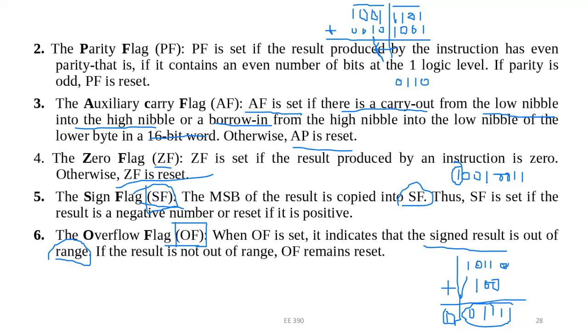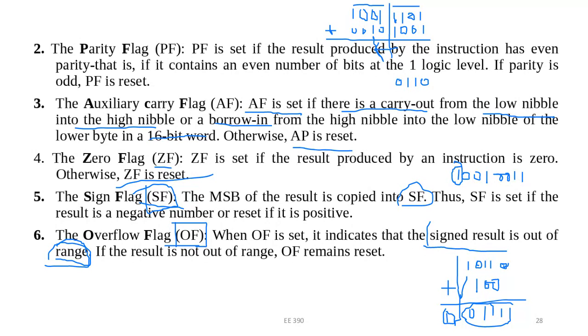It is kind of similar. But here it is said that if it is a signed result, it indicates that the signed result is out of range. So signed result means, I mean, we have some examples in another chapter.